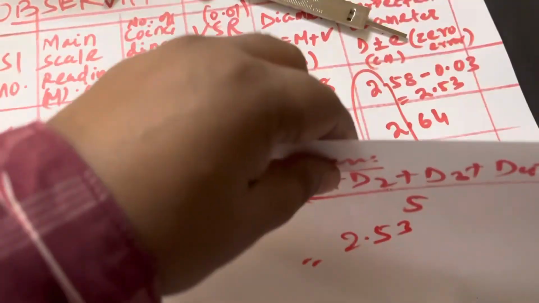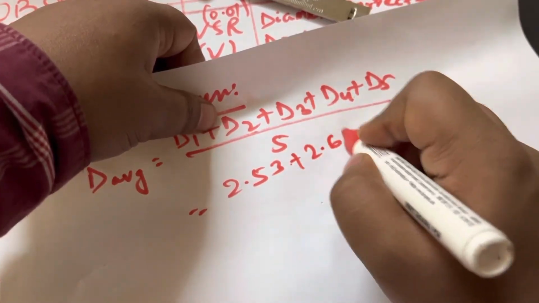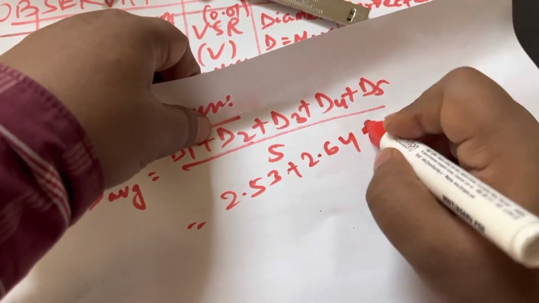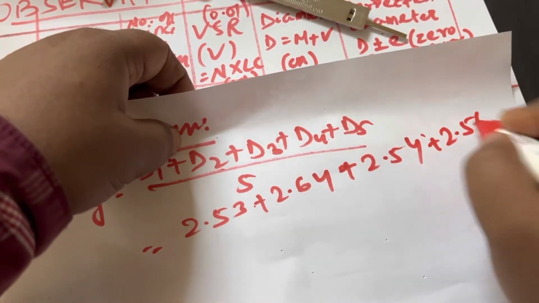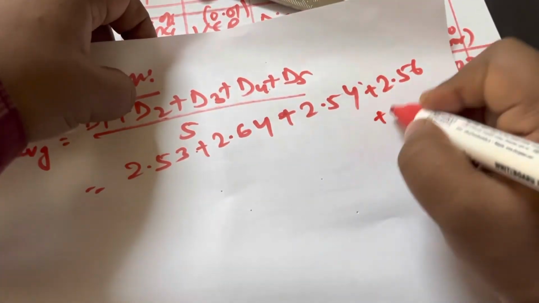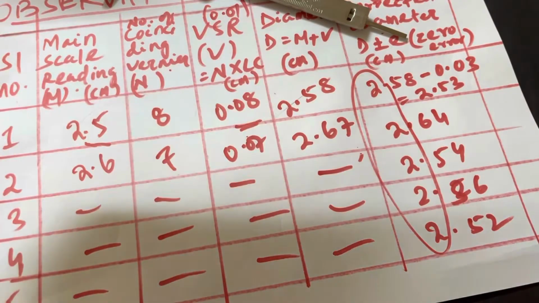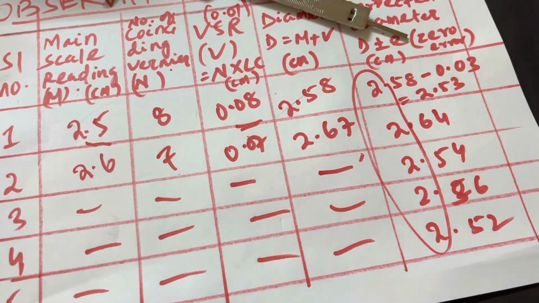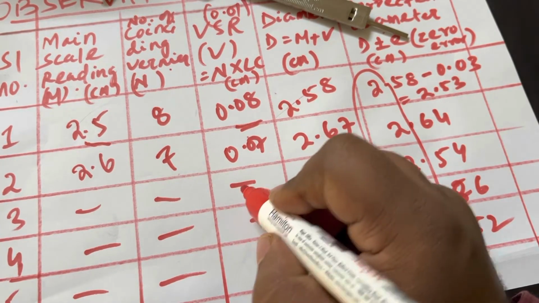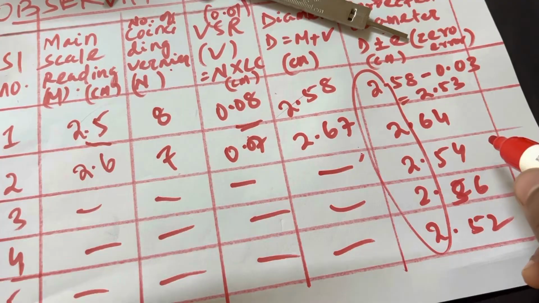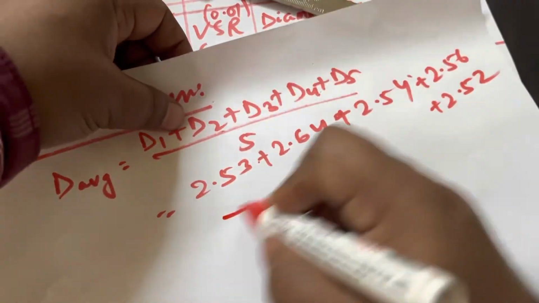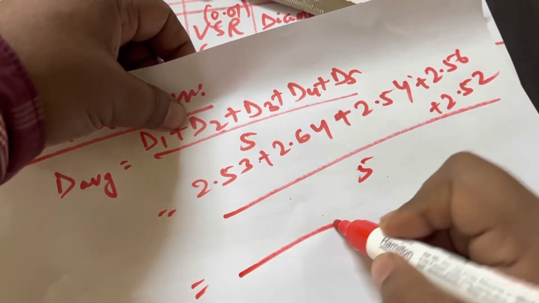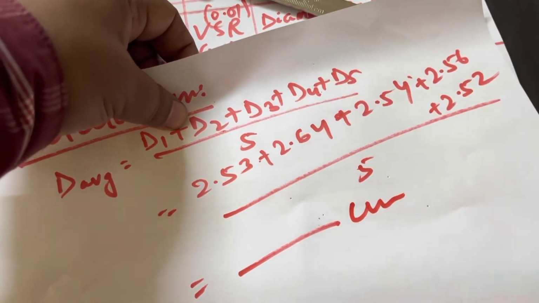You add up all these numbers, let's say 2.53, 2.64, 2.54, 2.56 and 2.52. Now divide by 5, so you find the average value, and this will be in centimeter.